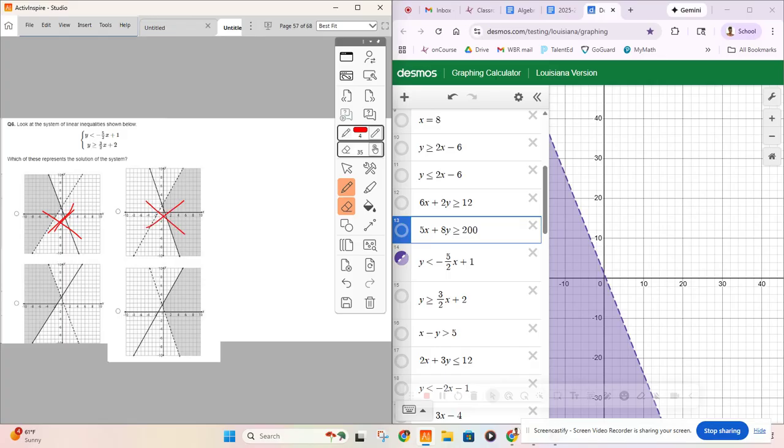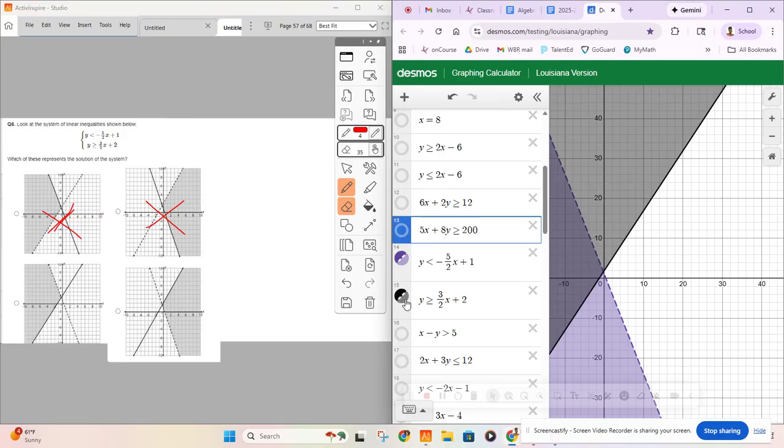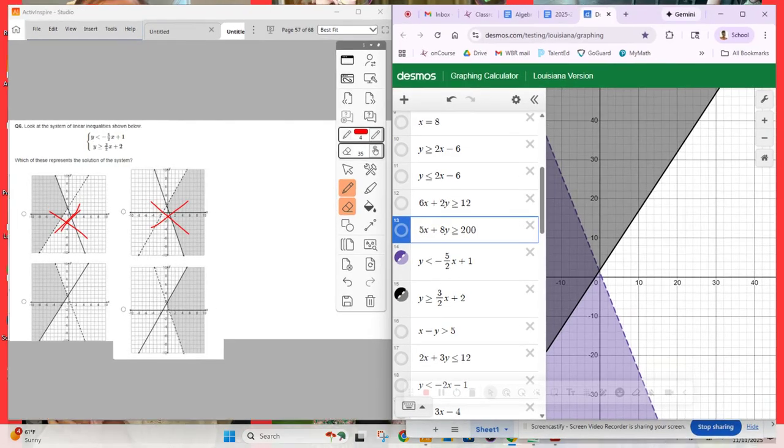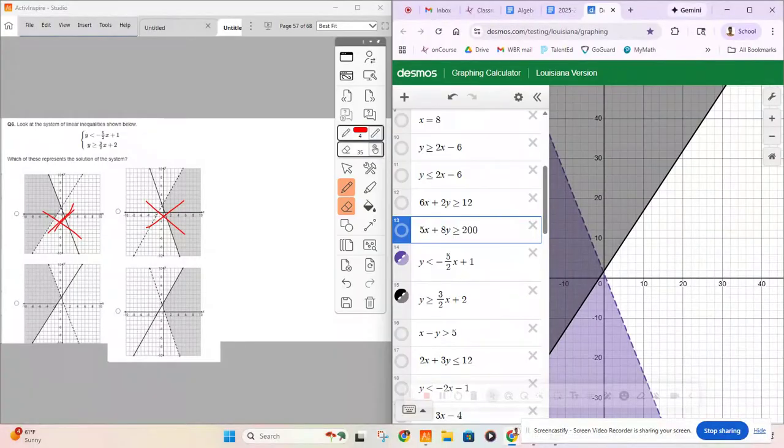This can't be it because the negative has a solid line again. So it's one of these two. Now I gotta look at that second equation. Y is greater than or equal to 3 halves x plus 2. I see that the darkest area, the solution, is this little corner right here. So that means it is this answer.